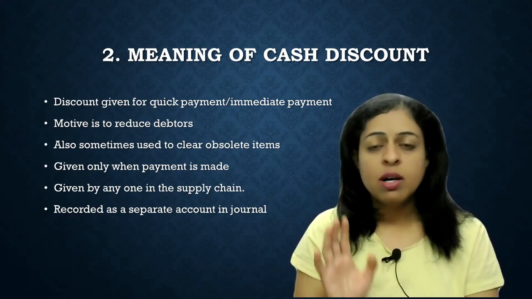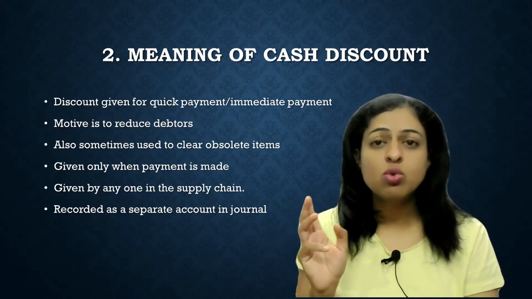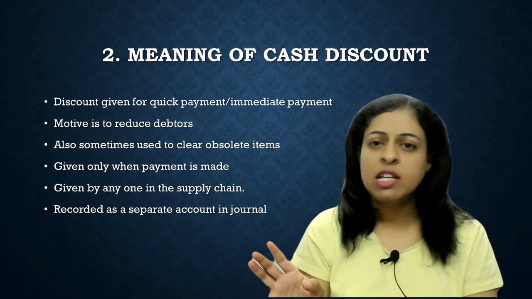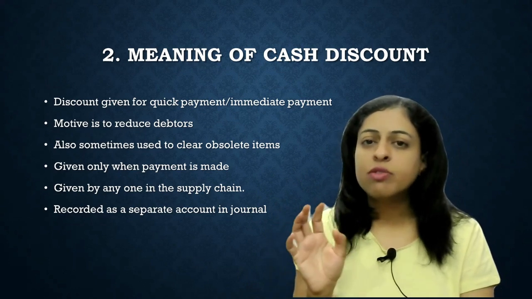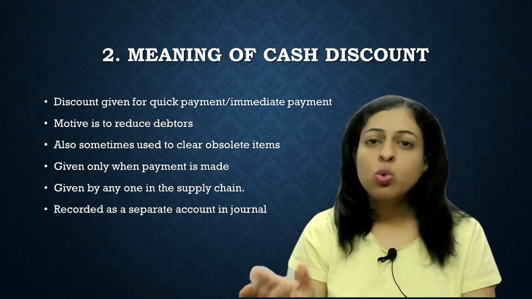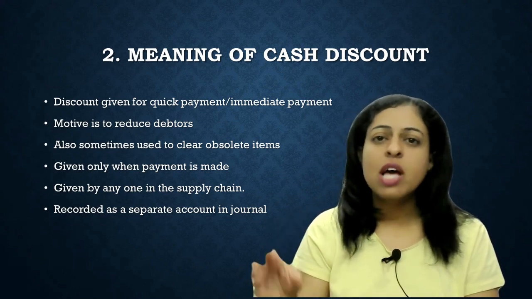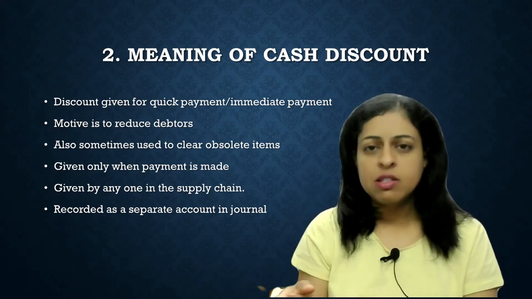If you have to distinguish between trade discount and cash discount, you will clearly understand that trade discount is not connected with any of the payment part. So even if the goods are sold and you are giving that person credit, you will give them trade discount. Even if the person takes the goods and makes the immediate payment of cash, still they will get trade discount.